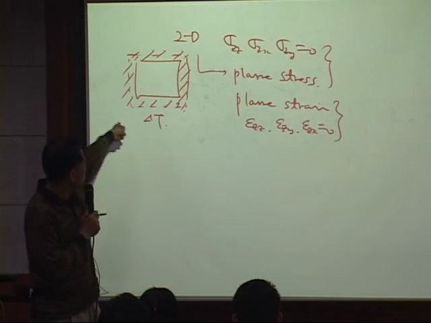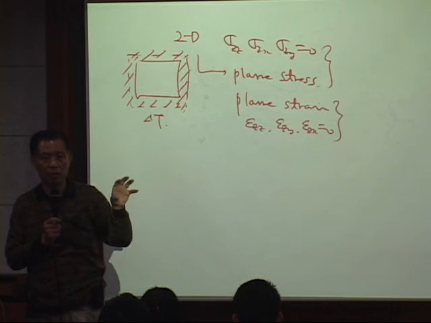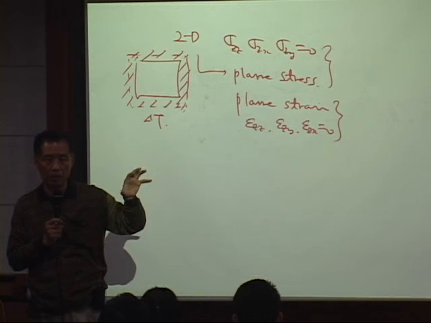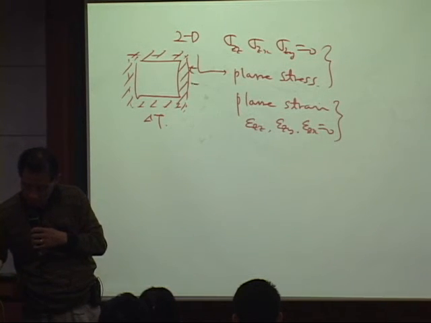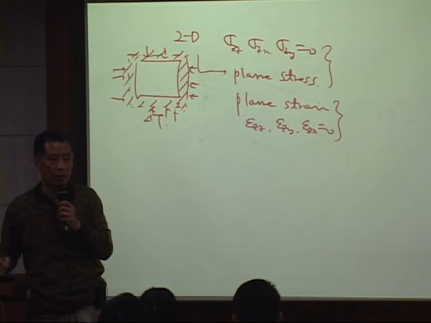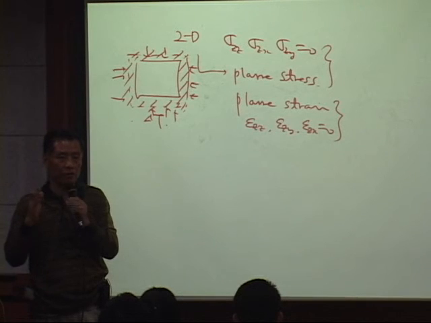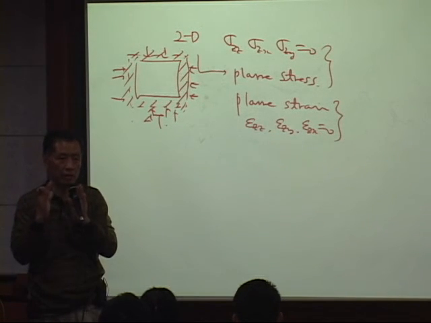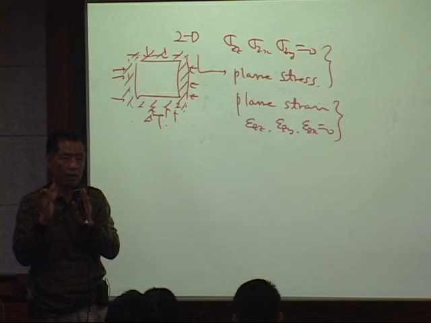But this side wall will constrain this body such that it won't deform, which means that externally there will be a compressive load, right? So you need to understand it this way. If there is some constraint and temperature is increased, then the side wall will compress this body such that in the final deformation, the body will not deform.